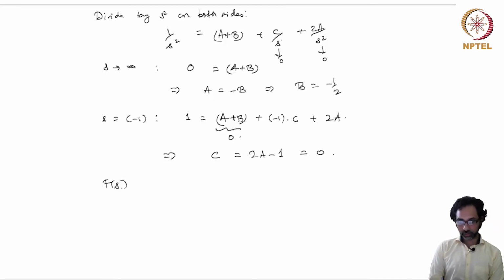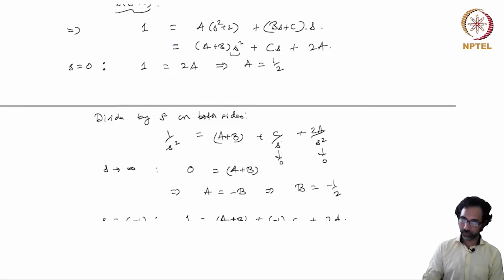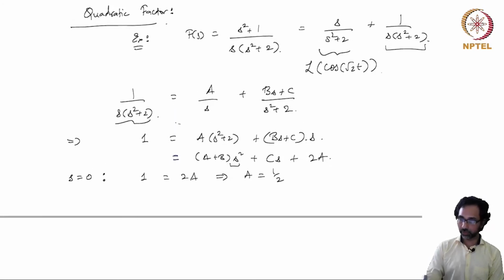Therefore we get that F(s) is 1 by 2 times 1 over s plus minus 1 by 2 times s over (s squared plus 2), which we have from this formula.